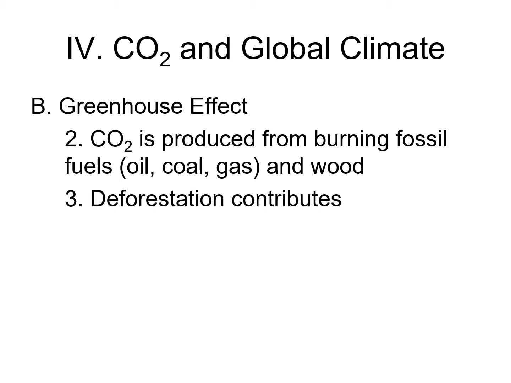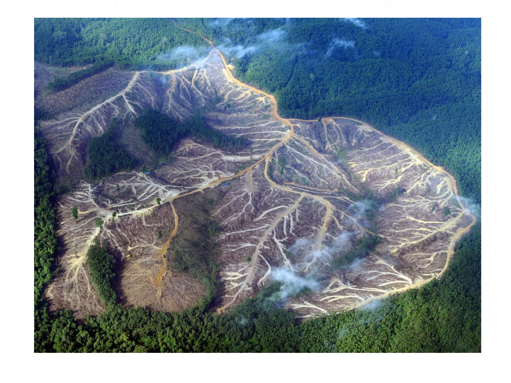There's also a link between living plants and the greenhouse effect, in that massive deforestation is limiting the amount of carbon that can be fixed by living plants and contributing to global increases in CO2. Here's an aerial photo showing a large region of forest that has been clear cut. So all those plants that are gone are now unable to remove carbon dioxide from the atmosphere.